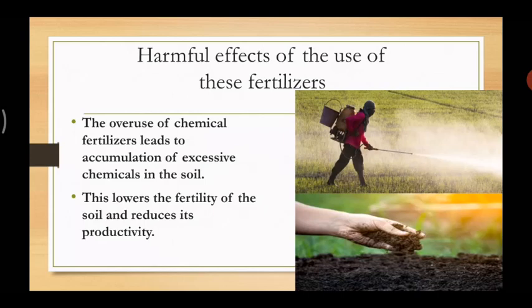It lowers the fertility of soil and reduces its productivity also. That means you will not get good crops if you put more chemical fertilizers. So instead you can use natural fertilizers because you get them from nature. There are no chemicals added in the natural fertilizers.